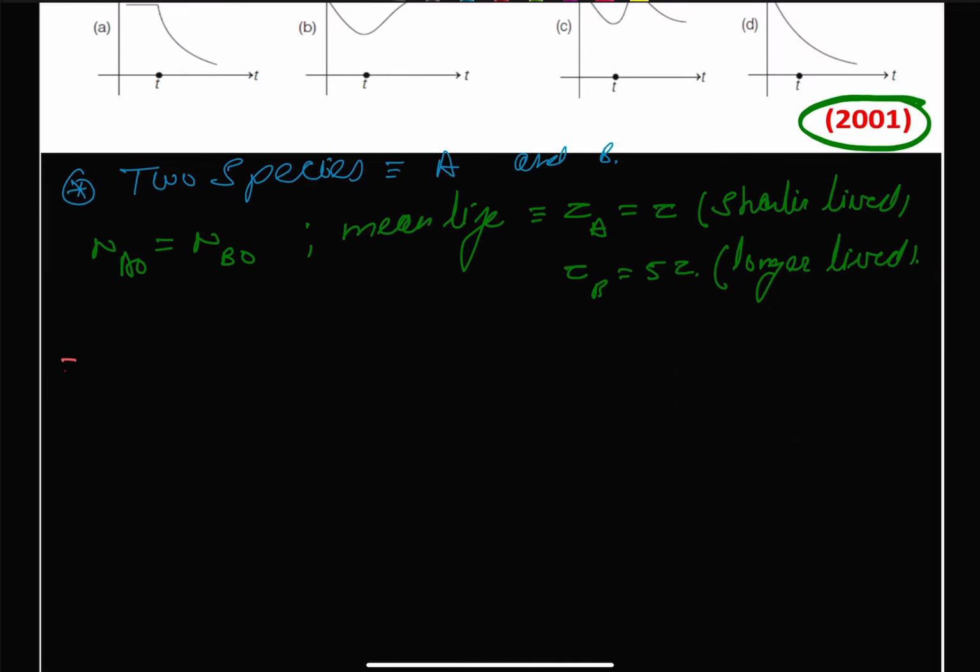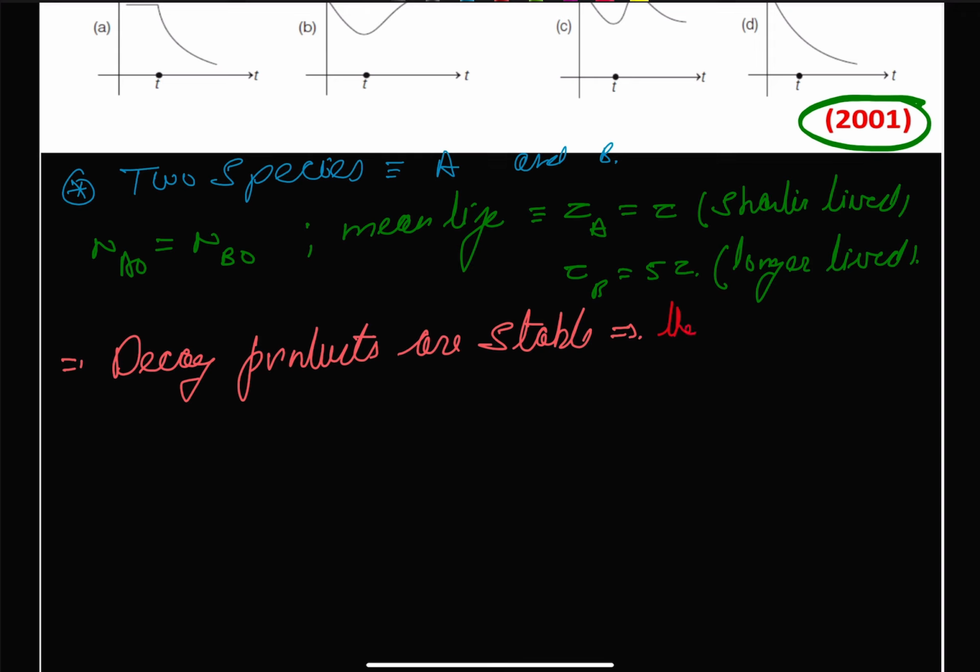So we can say decay products are stable, which basically means that they do not add into the radioactive count.